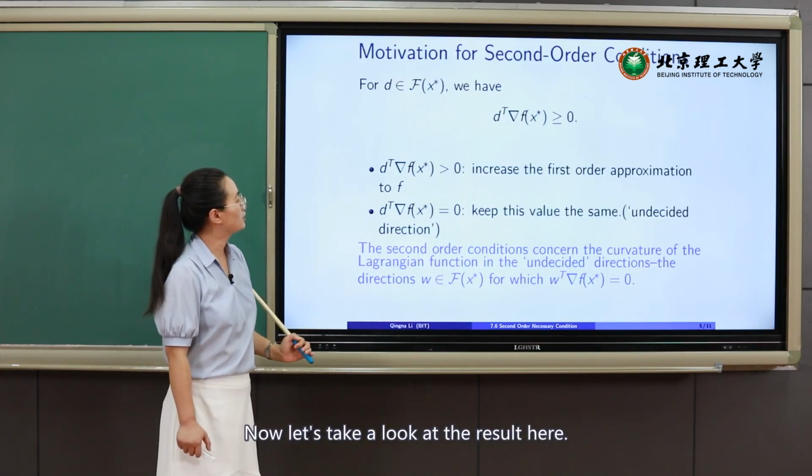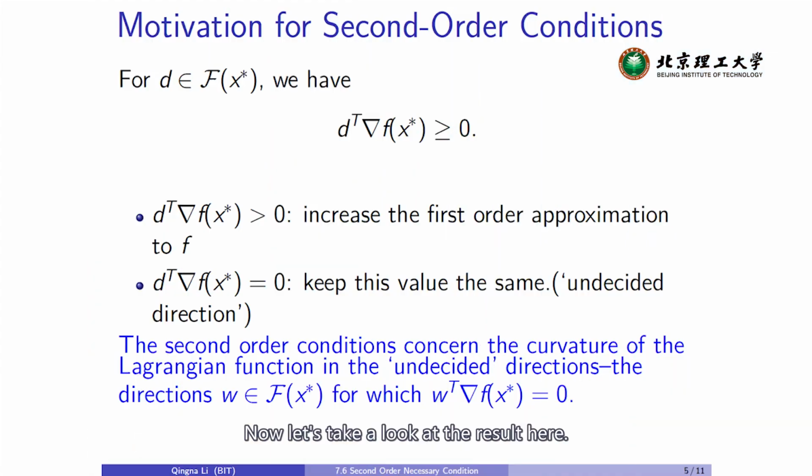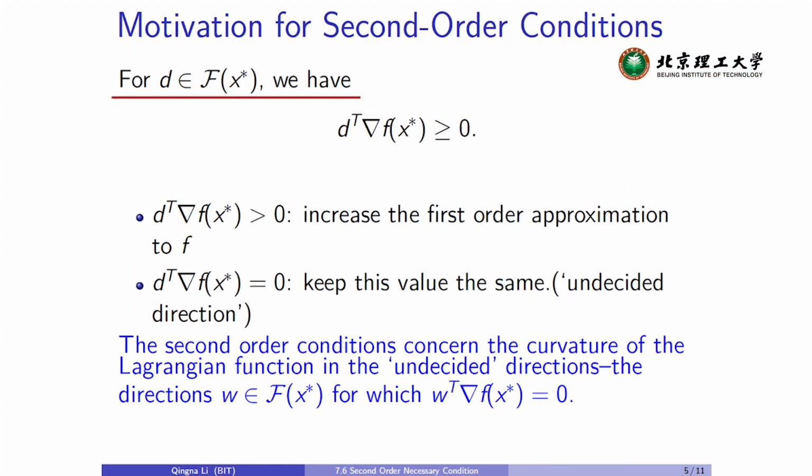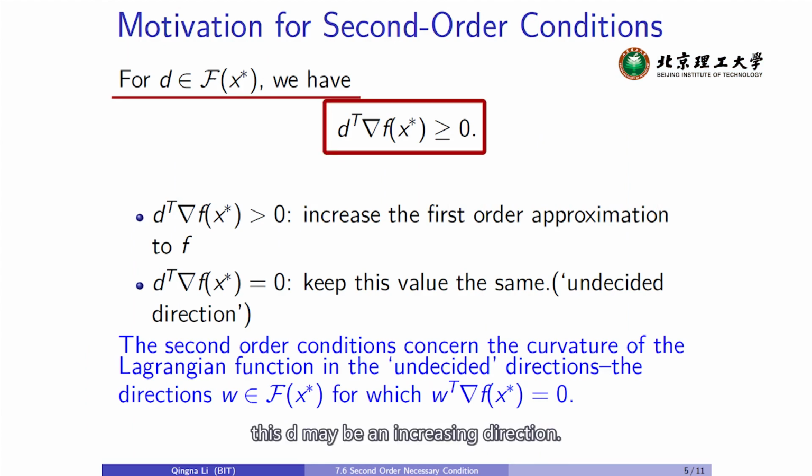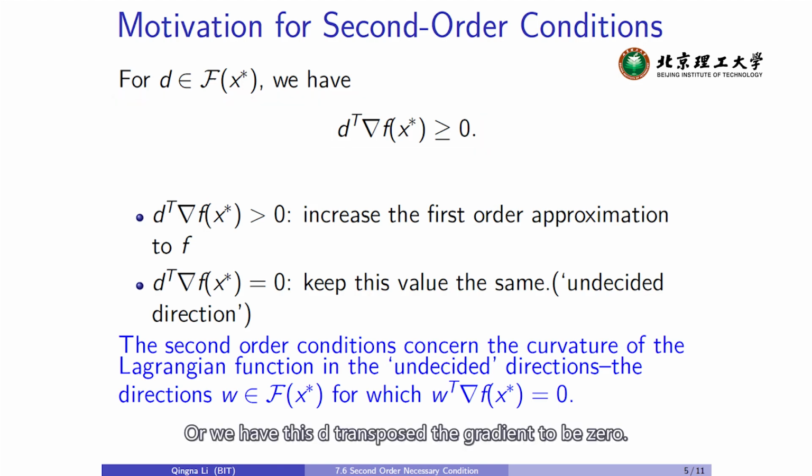Now, let's take a look at the result. To summarize, for all linearized feasible directions d, we have this property: either d is an increasing direction, or d transpose the gradient is 0. So there are two possible cases.